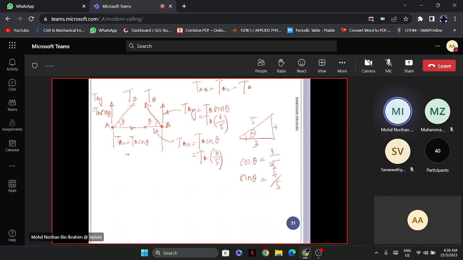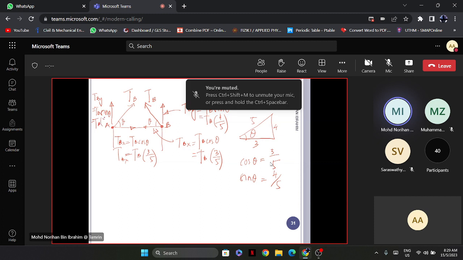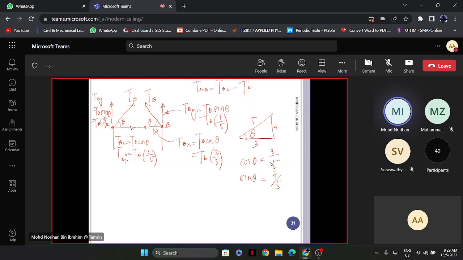So we have TB 3/5 for this TBx, and TBy is equal to TB multiplied with 4/5. Okay. So once we illustrate all of these, we can go to the next step.